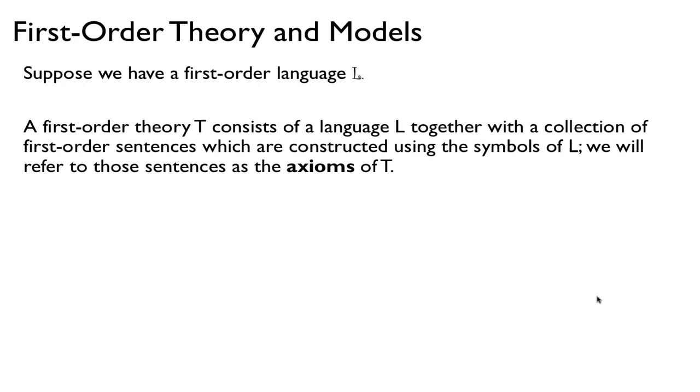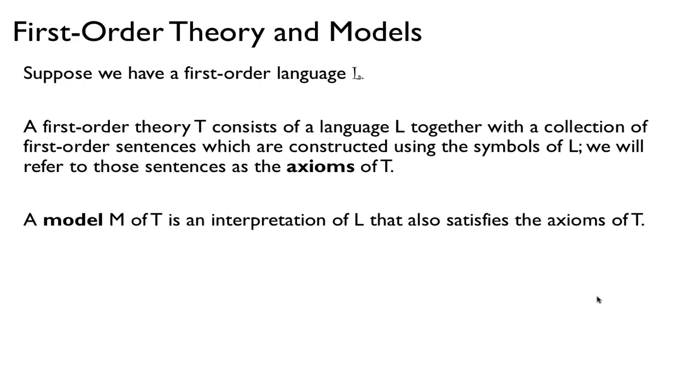So that's going to be our first-order theory. A model M of this theory T is basically an interpretation of L that also satisfies the axioms of T. So it satisfies the first-order language as well as the axioms that we impose on T.